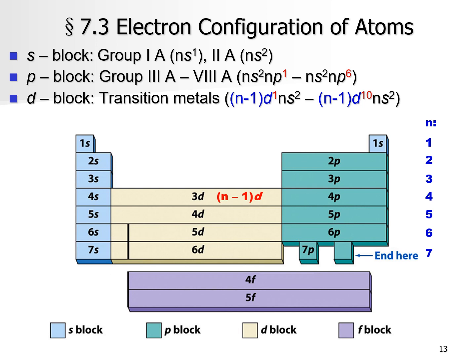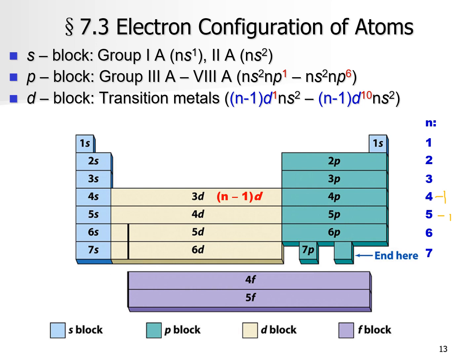So when we try to figure out what the n value for d is, it's n minus 1. 3d is in n equals 4, so 4 minus 1 gives us 3, the coefficient of the d. And 5 minus 1 is 4d in the 5th period, and so on and so forth.